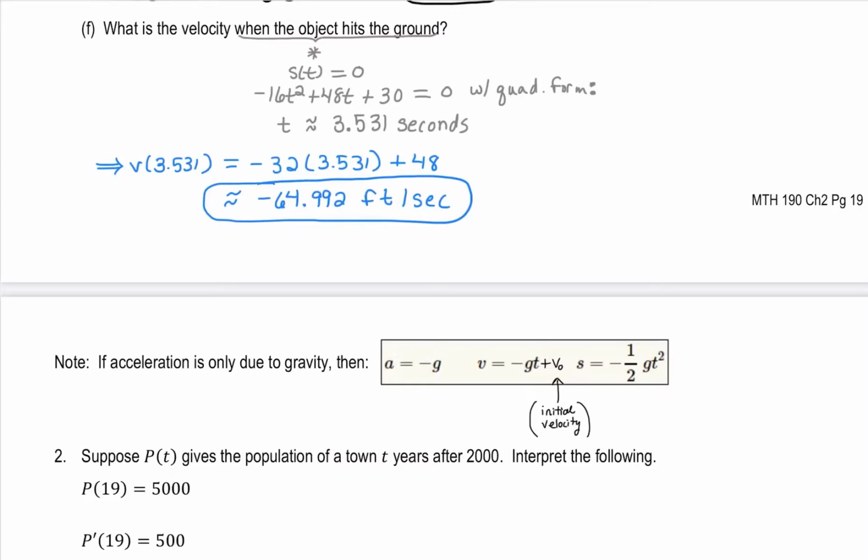And then if there was some sort of an initial velocity, it's going to be plus that initial velocity times t, and then plus s sub 0, where s sub 0 is going to represent the initial height, or I'll just generically refer to it as the initial position.